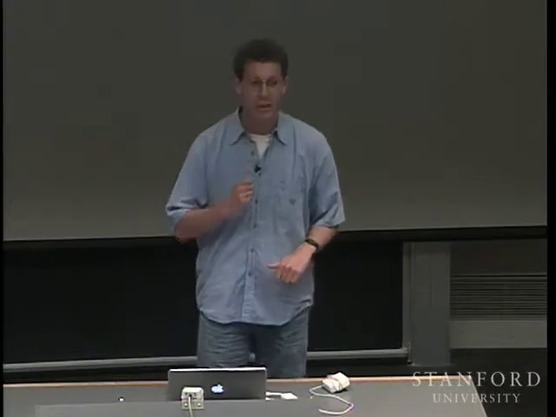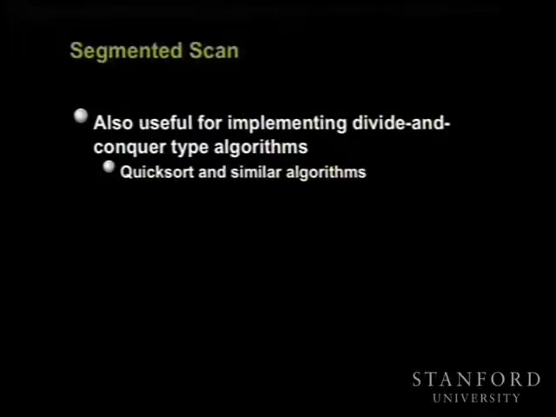I should also mention that in a similar way, segment scan is very useful if you want to do divide and conquer or recursive type algorithms. I remember several of you asked, when we did MP1, how can I launch more work from a given thread? Like different threads generate different amounts of new work. Well, the answer is not so much that you want to spawn off work, but you want to designate regions, determined by each thread, where you want to do something.